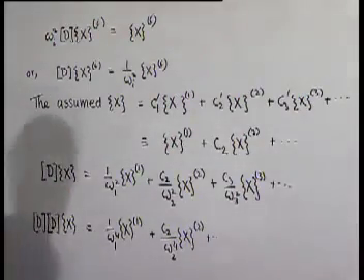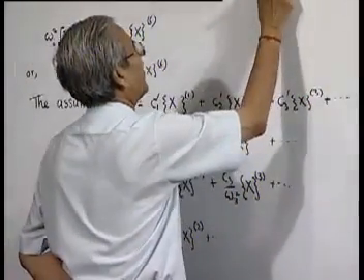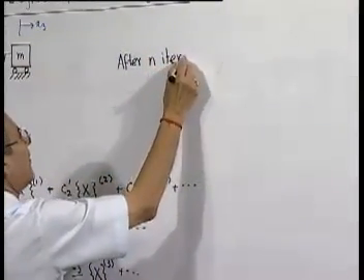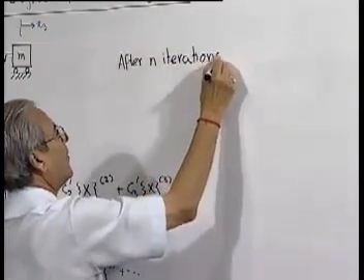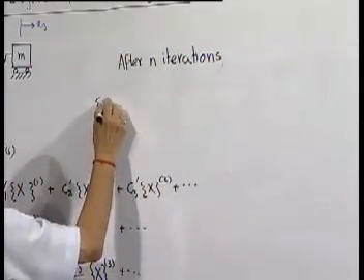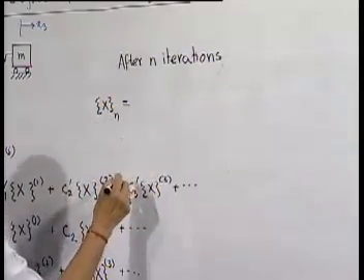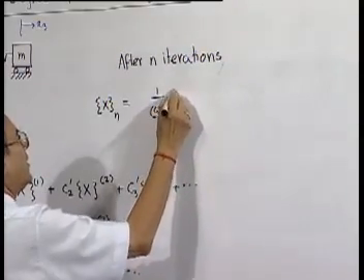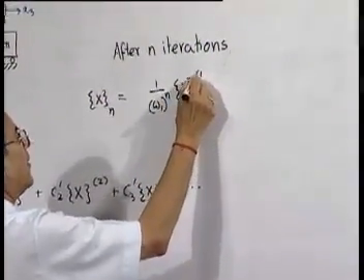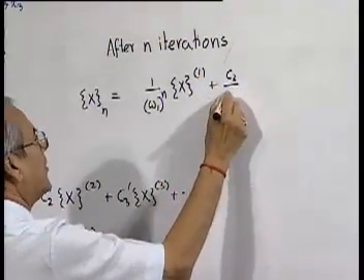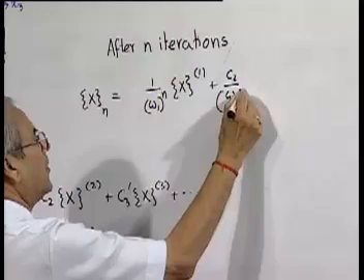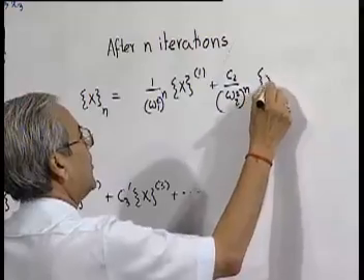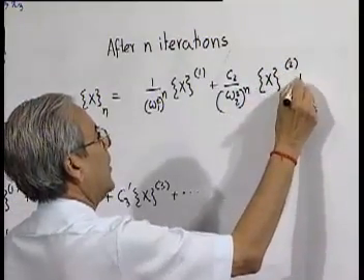so after n such iterations, say, this we will get 1 by omega 1 to the power n and so on.